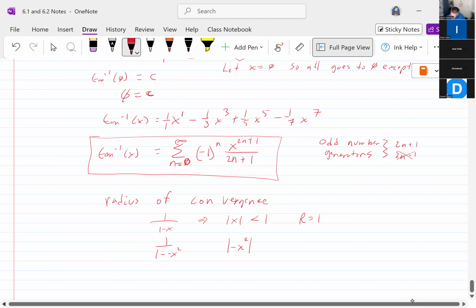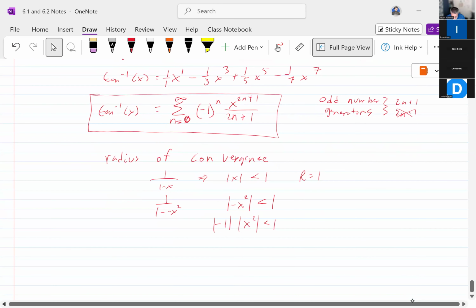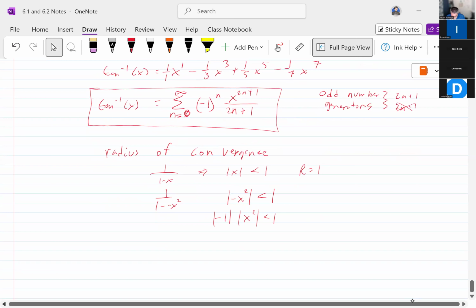Let's put that inside the absolute value. I could break off the negative. This is the absolute value of negative 1 times the absolute value of x squared is less than 1. The absolute value of negative 1 is just 1, so that goes away.